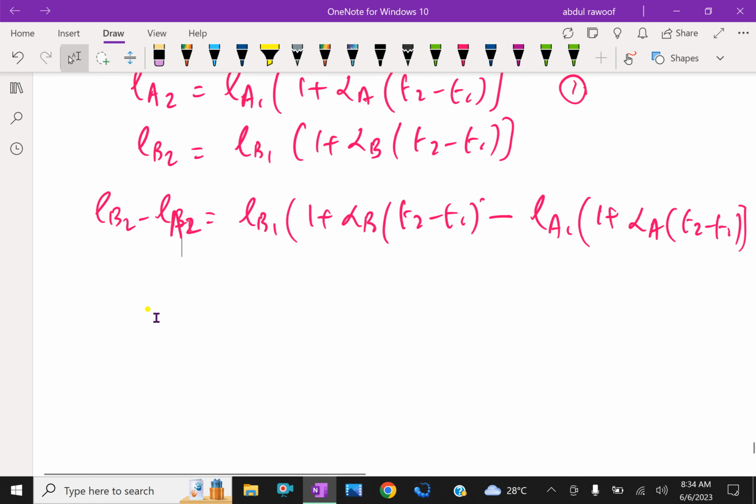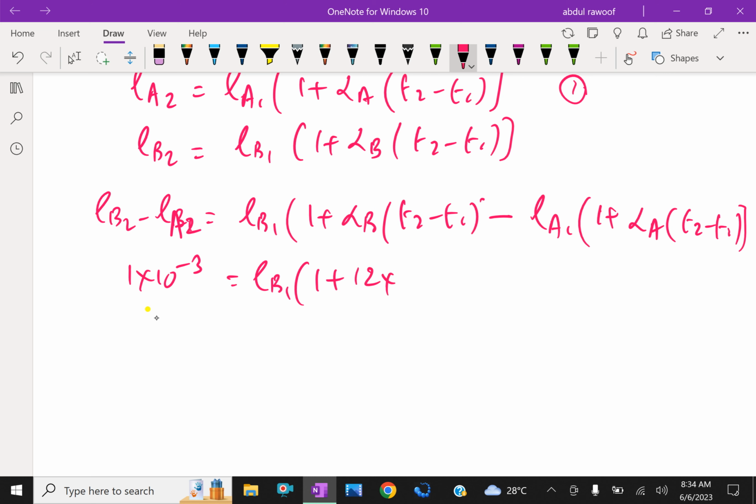Yes, 1 mm is 1 into 10 power minus 3 meter, which is equal to LB1 times 1 plus alpha B, which is 12 into 10 power minus 6, times 100 minus 0. Final temperature is 100, initial temperature is 0.